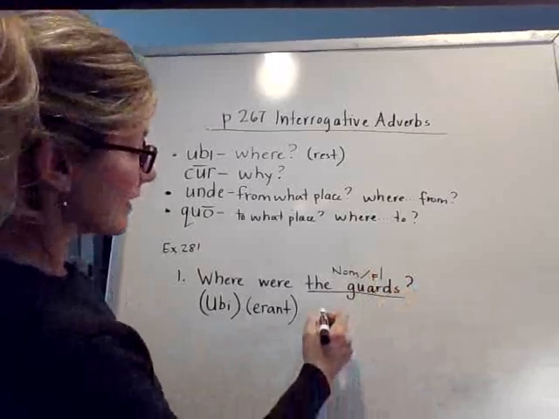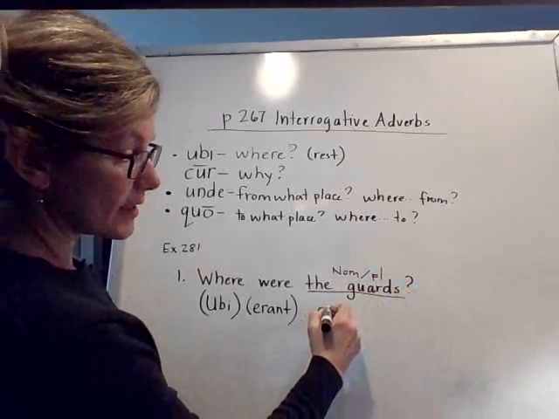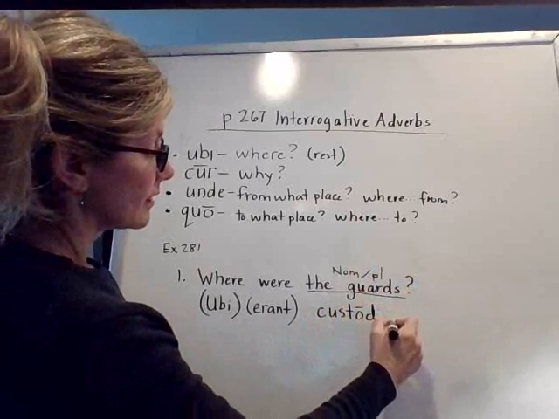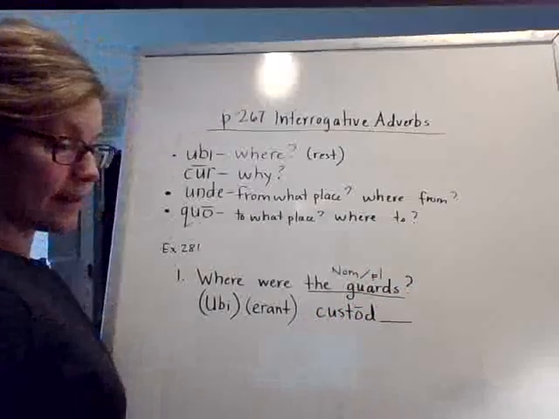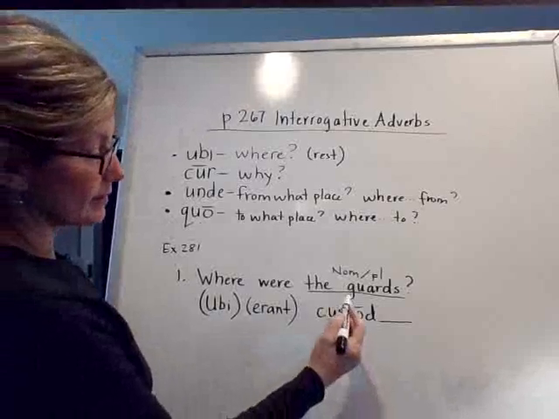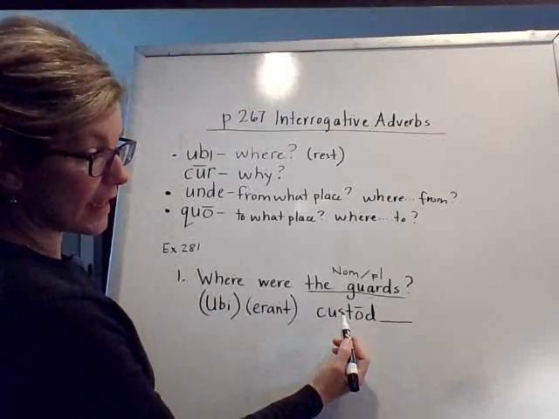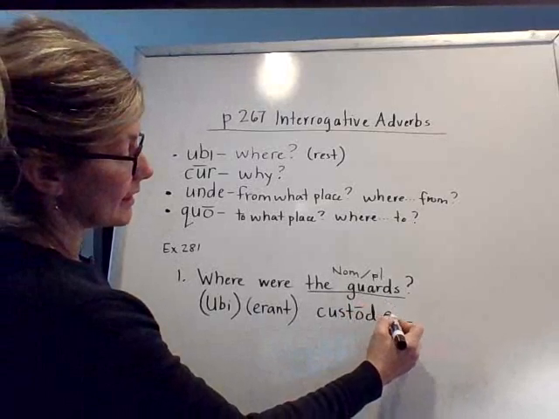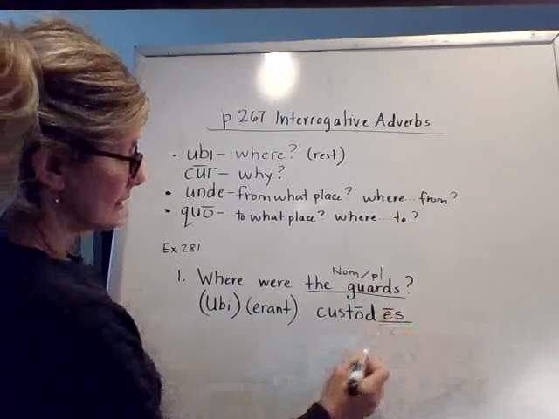The stem for the guards is custod. Now we need to get the right ending. It is a third declension noun, nominative plural, so we see that the ending is es.